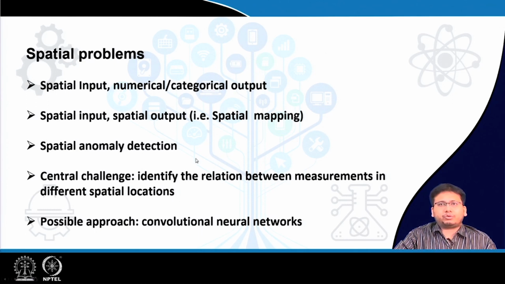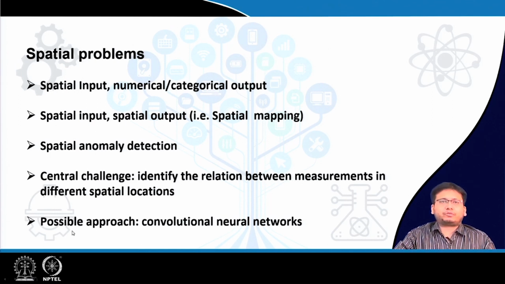We know that there are spatial influences when we are talking about a measurement of a variable at a particular location. It cannot be viewed in isolation. We have to consider other variables also, and how they influence the variable at that particular location that we are interested in.